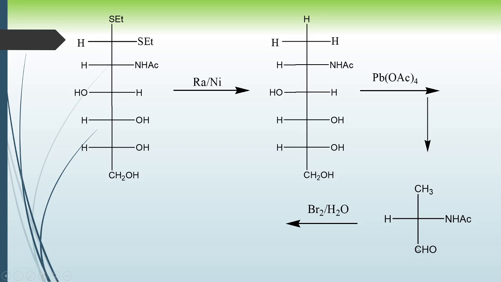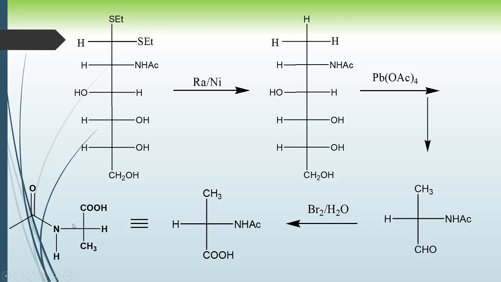This carbon is this carbon CHO, and here the next or byproduct is a glyceraldehyde molecule after the breaking of this carbon-carbon bond. Okay, so for the cleavage of this bond we use the lead tetraacetate, and after the formation of this product we use Br2 in presence of H2O, that is the aqueous medium, and this is the mild oxidizing reagent. It can convert this aldehyde into an acid. Therefore this aldehyde is converted into this acid group. Okay, and this can be written like this.